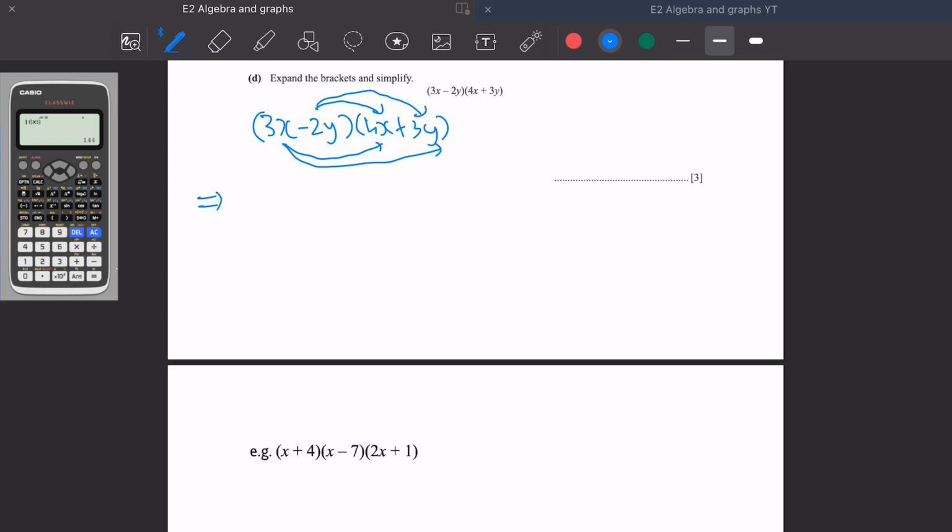So you get 12x squared plus 9xy minus 8xy minus 6y squared. So you get 12x squared minus 6y squared plus xy.